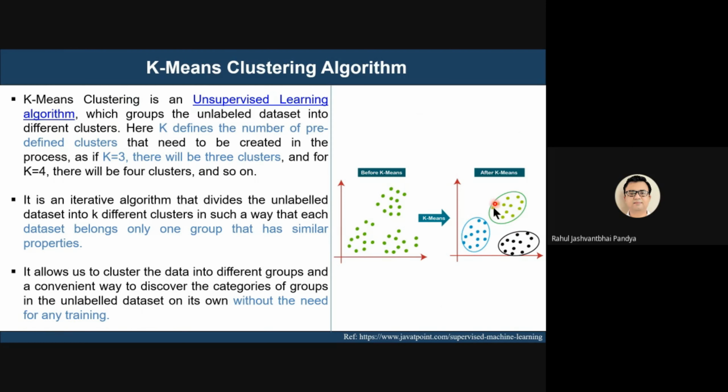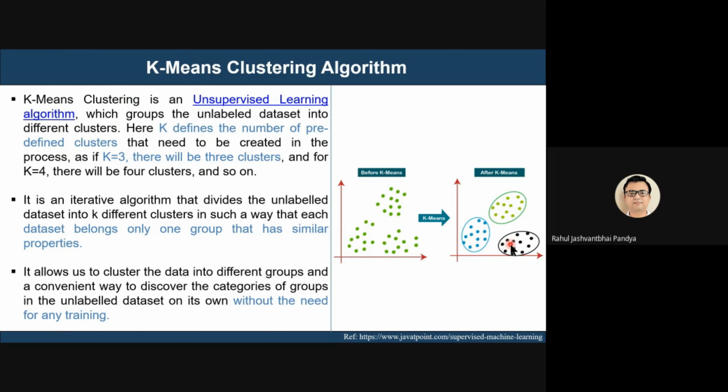Cluster number 2 includes all the data points which have similarities, and cluster number 3 has similarities too. It allows us to cluster the data points into different groups, which is a convenient way to discover the categories of groups in the unlabeled data sets without the need of any training.